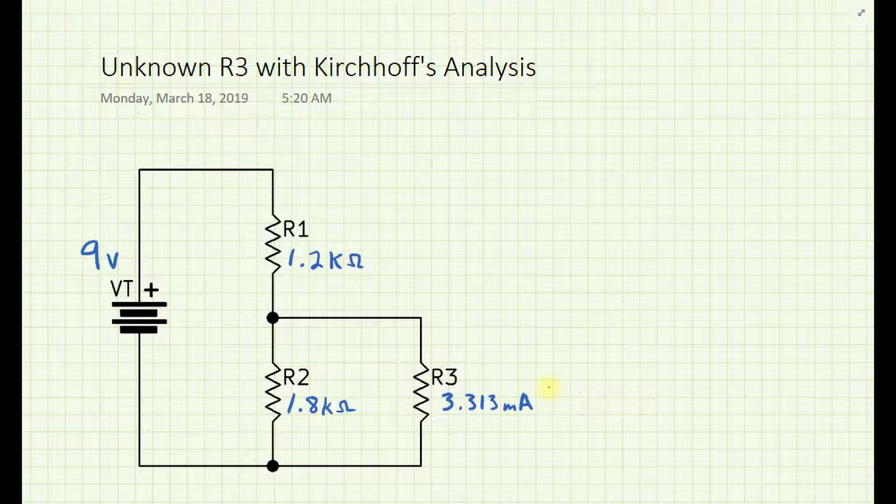Alright, so this scenario provides a little bit more of a challenge than just having all the resistors known. So we won't be able to, at least not quickly and easily, solve this with ordinary Ohm's law, series, or parallel rules.